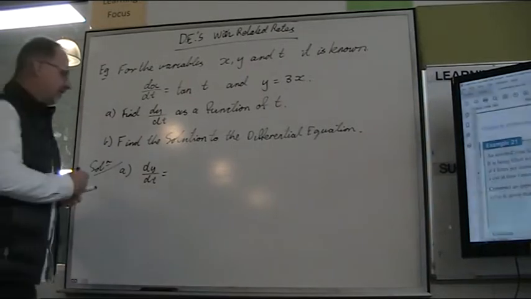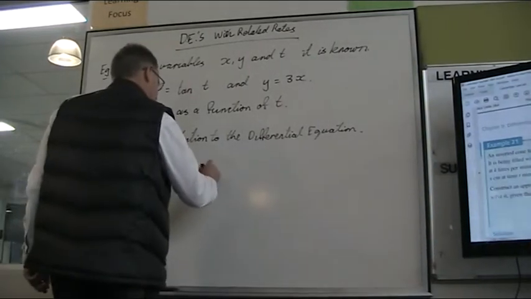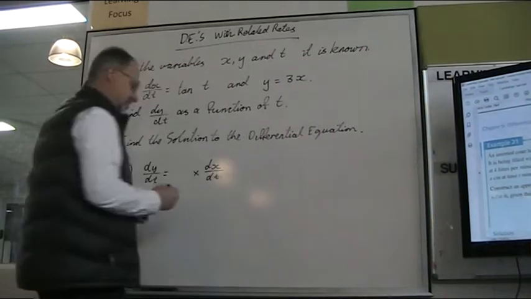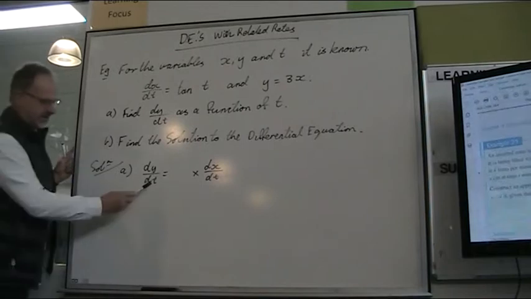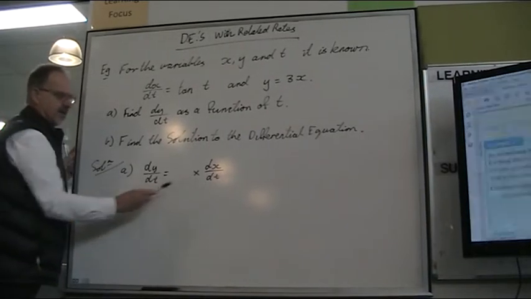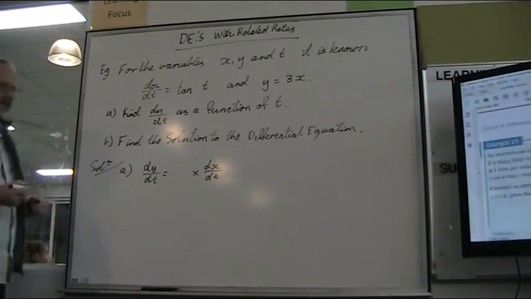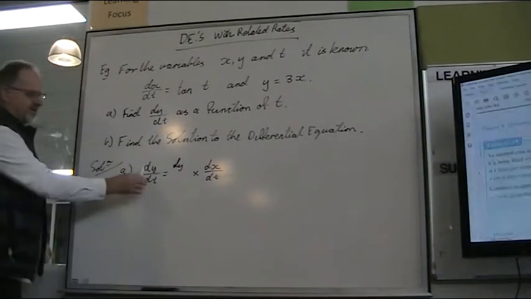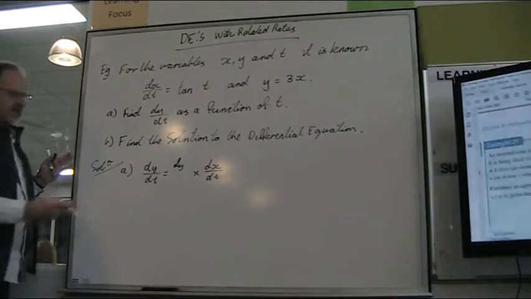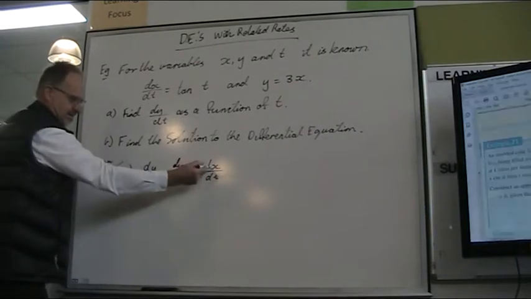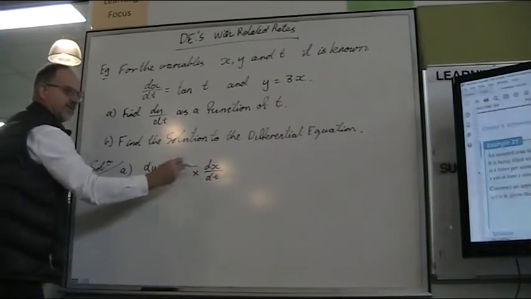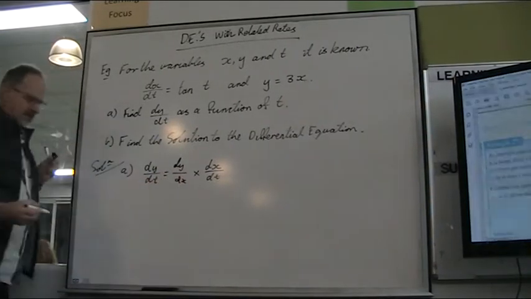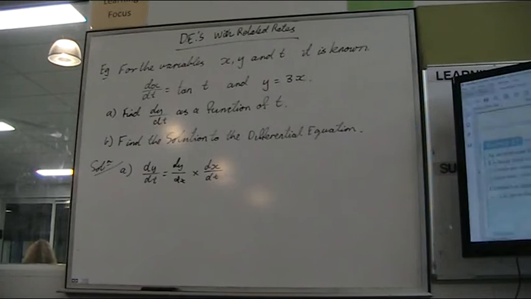So if we use the chain rule, the second part dx/dt gives us the dt on the bottom. Now we need the dy on the top, and then of course the dx is the thing that is linking those, so we need our dx down here.